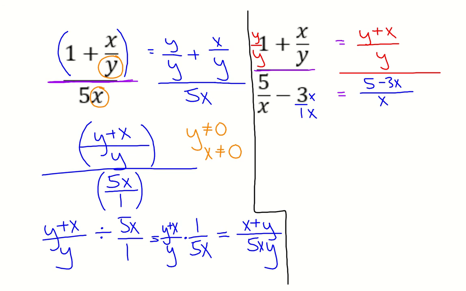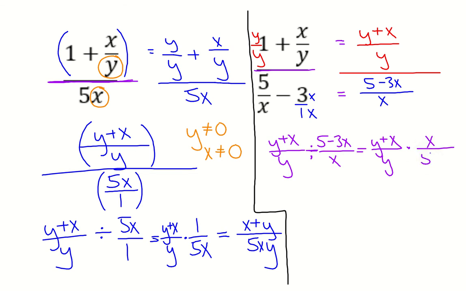Then, once I have one fraction on the top divided by one fraction on the bottom, now I can rewrite it as horizontal division, that this would be y plus x over y divided by 5 minus 3x over x, which is equivalent to y plus x over y times the reciprocal, x over 5 minus 3x.